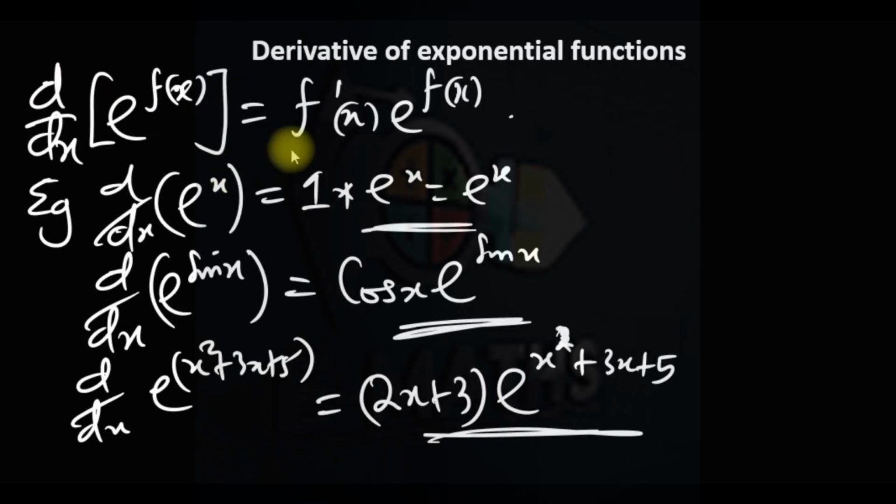The derivative is f prime x times a raised to the power f x, multiplied by ln a, that's the logarithm of the base. If you look at the previous one, we did not multiply. As long as it's natural log, it's just f prime x e to the f x. But with this one, after you've written that, you need to multiply by the logarithm of the constant.